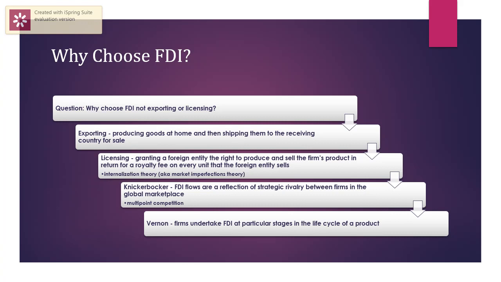For example, we will start with exporting. In exporting, we produce goods and services in the home country and then we ship them to the client in a foreign country for sale. There are different reasons why we will not go for exporting. For example, the cost of transportation, which is called freight charges.